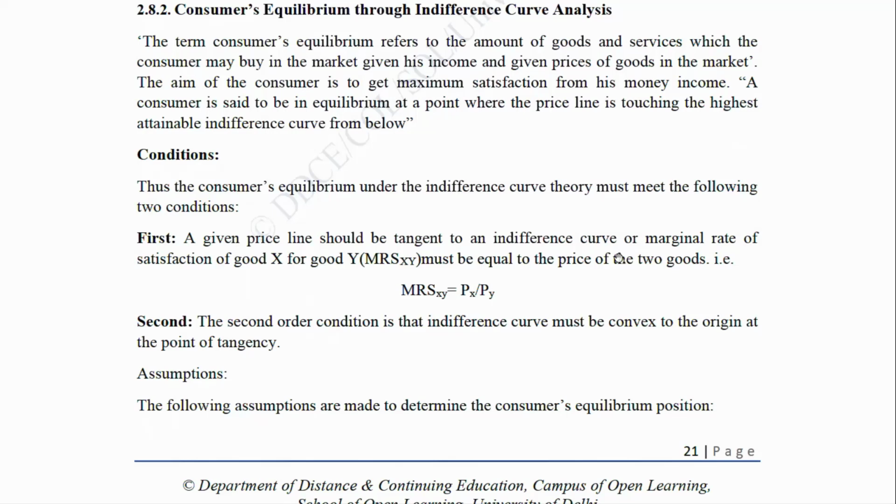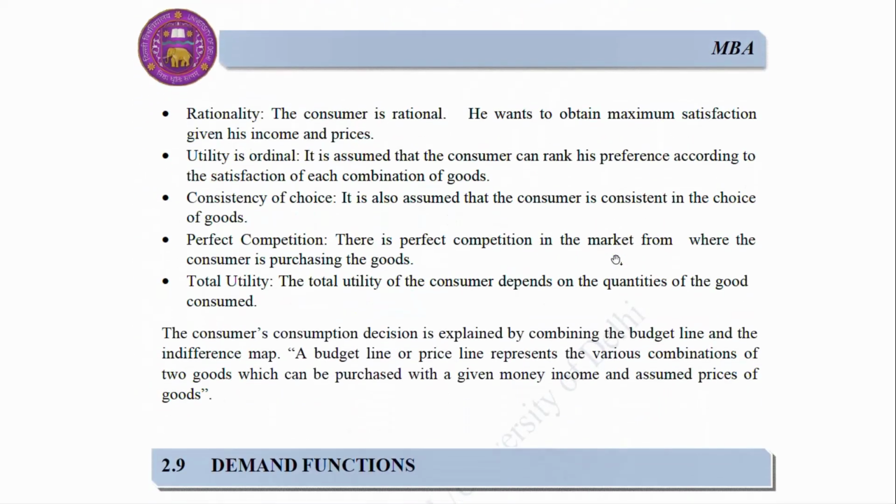Assumptions. The following assumptions are made to determine the consumer's equilibrium position. First, rationality. The consumer is rational. He wants to obtain maximum satisfaction given his income and prices. Second, utility is ordinal. It is assumed that the consumer can rank his preference according to the satisfaction of each combination of goods.